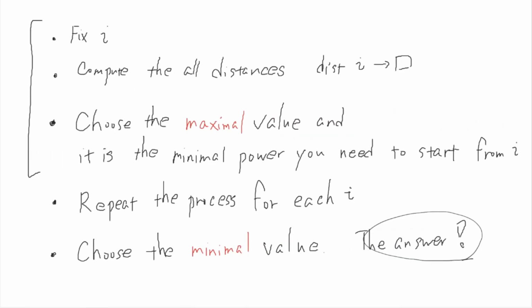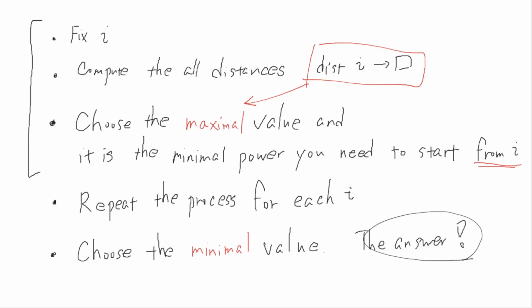Let's summarize this approach. First, we fix i, and this is the start position. Then compute all the distances from i to any vertex. Then choose the maximum value from them, and this is the minimal power you need to start from i.